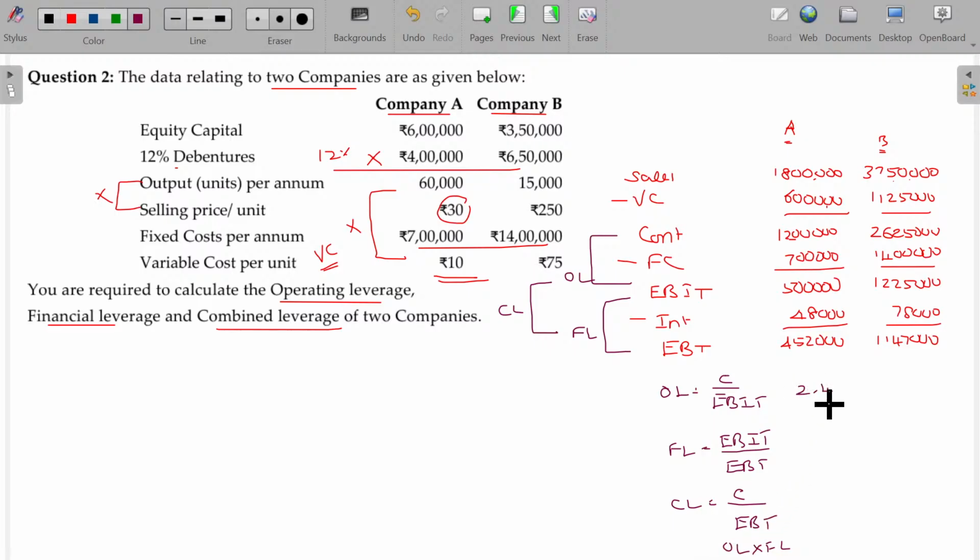First case it is 2.4, 2.14, 1.11, 1.07, 2.66 or 67, and here 2.29. Cross verify, will you be able to get this answer or not?